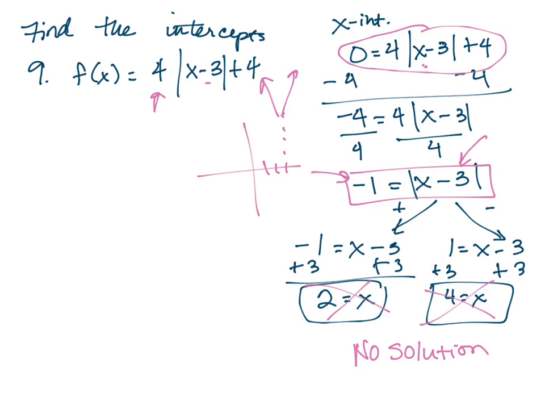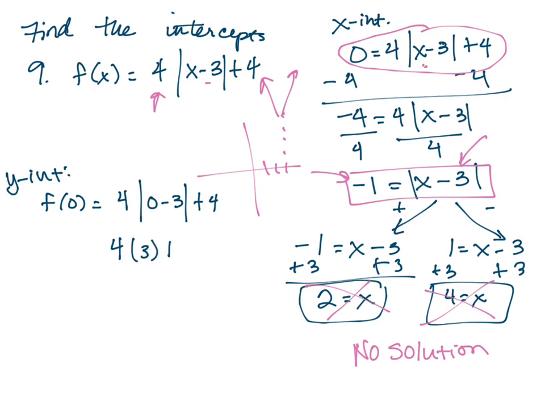Now, can we find a y-intercept? In theory, yes, we know it crosses the y-axis. They all cross the y-axis somewhere. How do we find a y-intercept? Plug in 0 for x and evaluate. So we're going to have 4 times the absolute value of negative 3, which is 3.